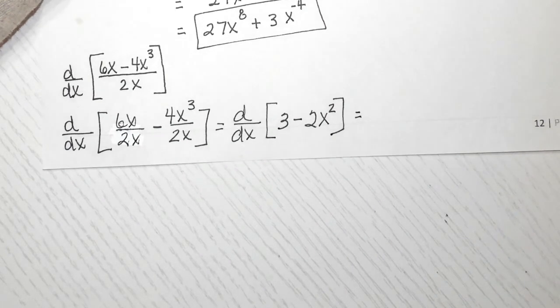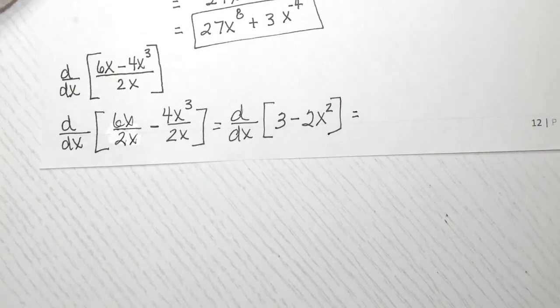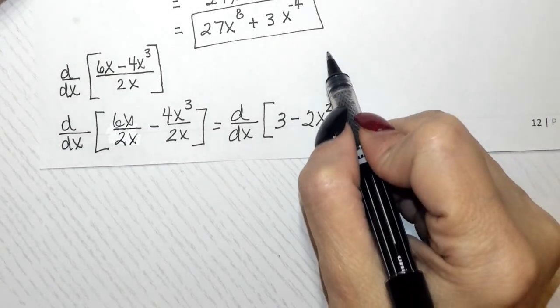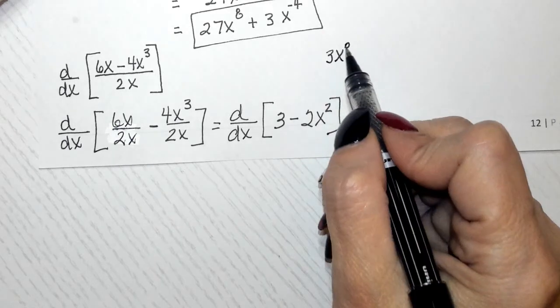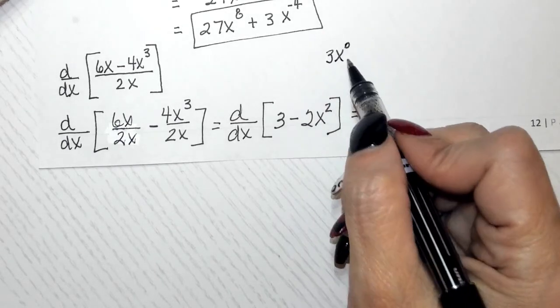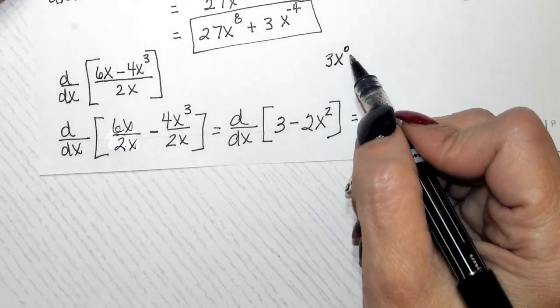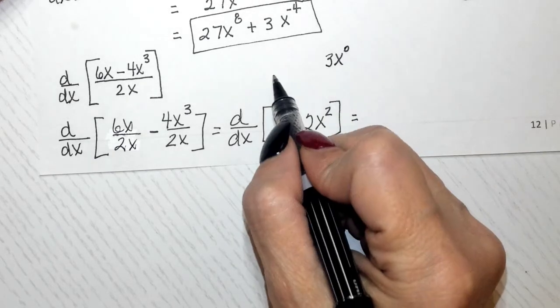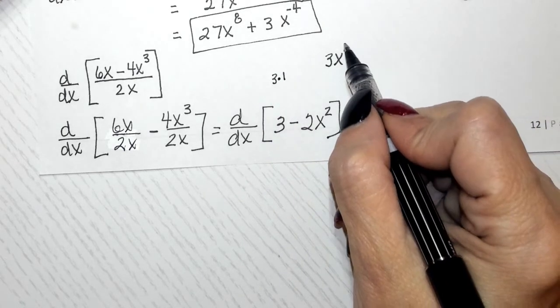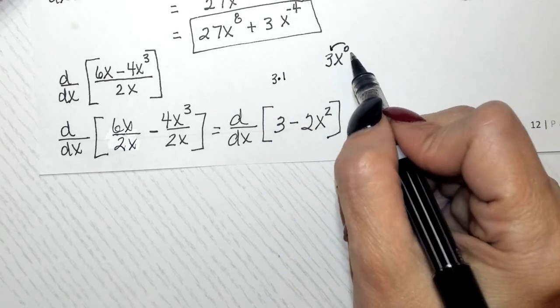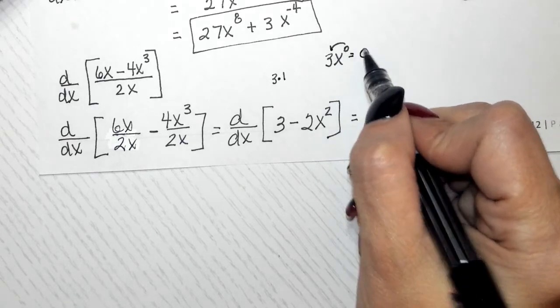But you're like, how do I do the derivative of 3? 3 is like 3 times x to the 0 power. Because if there's not a variable there, it's like it's to the 0, because anything to the 0 power is 1. And this is like 3 times 1 because it's not there. So it'd be like 0 times 3, which makes the derivative of that 0.